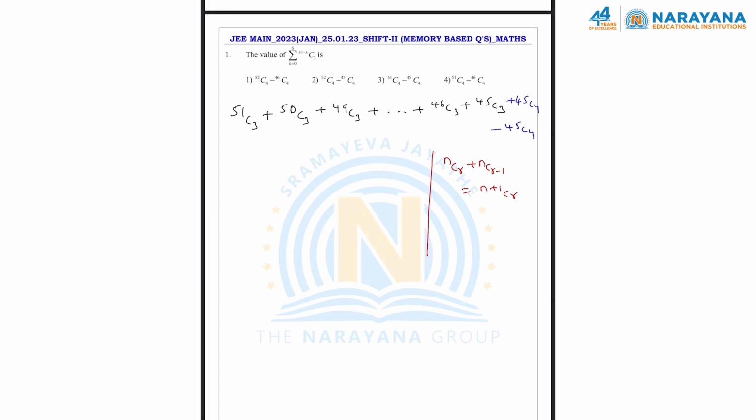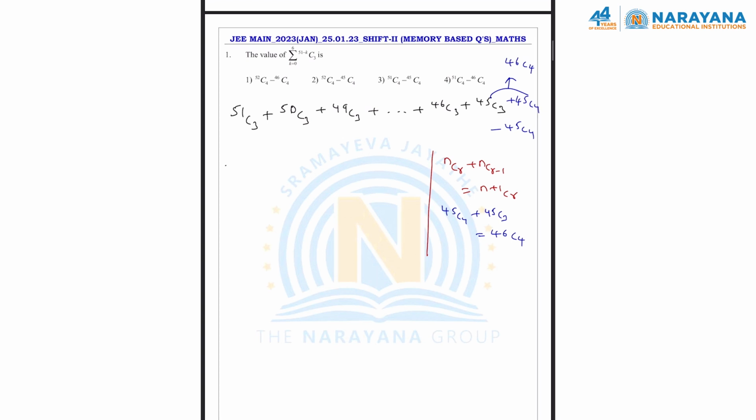Here if I put N equal to 45 and R equal to 4, I get 45 C4 plus 45 C3, which will be equal to 46 C4. So these two terms will give you 46 C4.